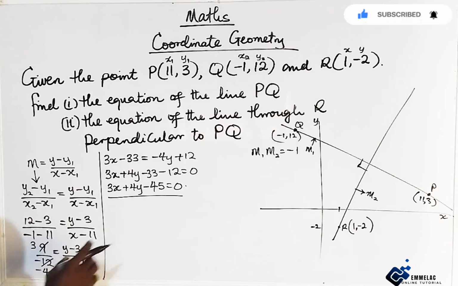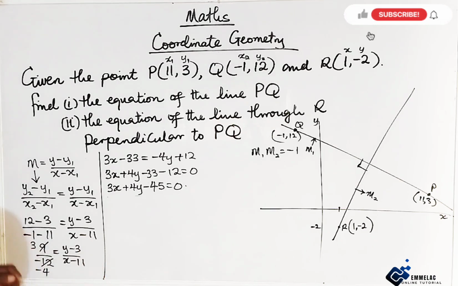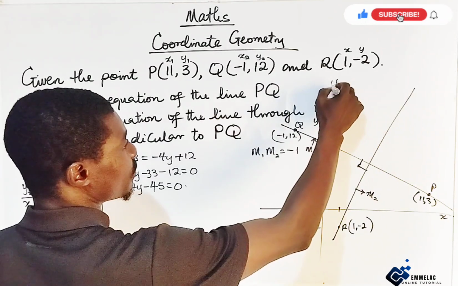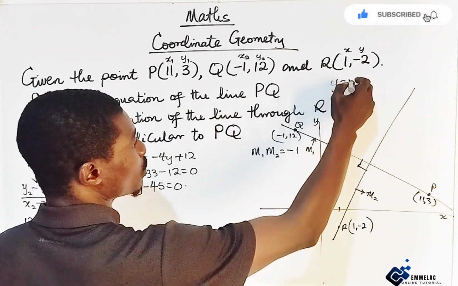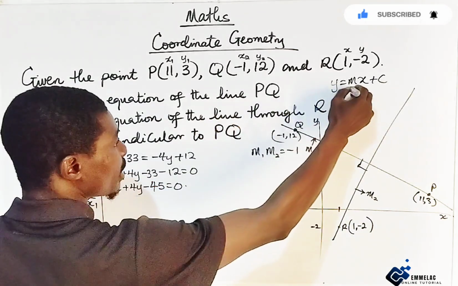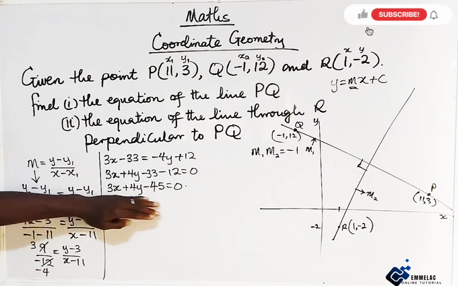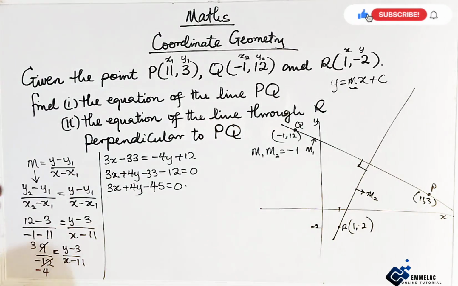Now let me resolve this here so that we don't get confused. We know that the equation of the straight line is given as y equals mx plus c, where our m here is our gradient. Let us now transform this equation into this form.